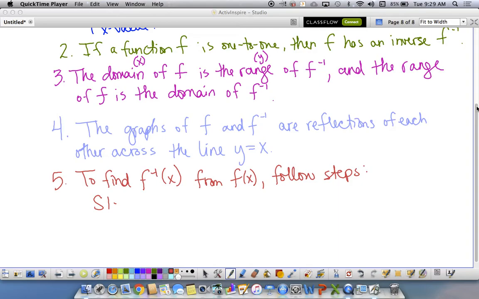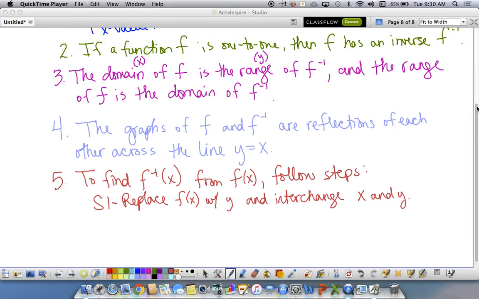Step 1, if there's an f of x, we're going to replace the f of x with a y and interchange the x and the y. Wherever you see y, you're going to put the x, and wherever you see the x, you're going to put the y.